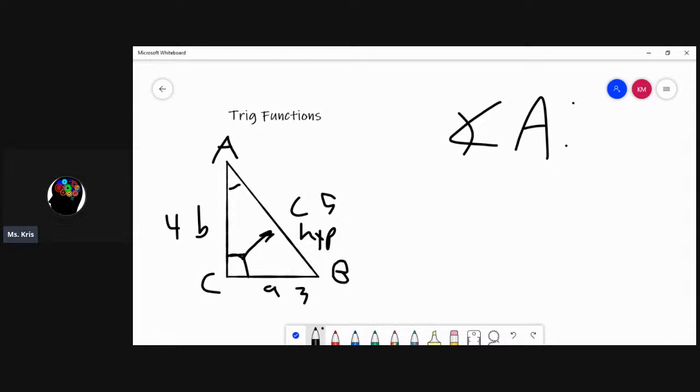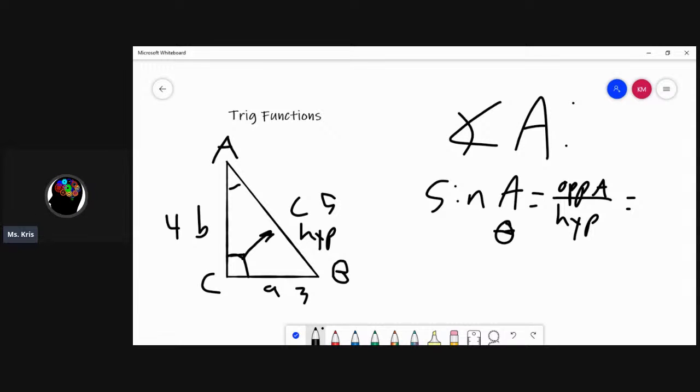Now, trig functions are based off of the Pythagorean theorem, and it's also based off of the 6 trig identities. First trig identity as it relates to angle A is sine A. Sine A, or sine theta, as it relates to angle A, is the opposite side length of A over the hypotenuse.